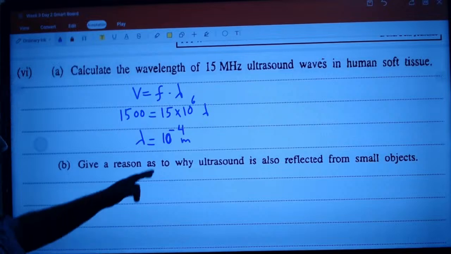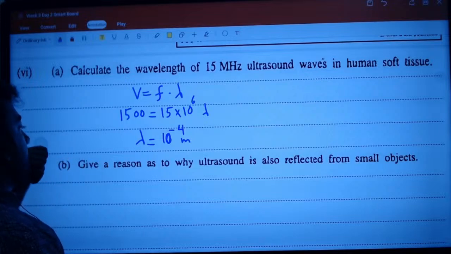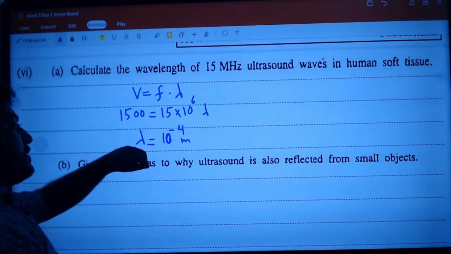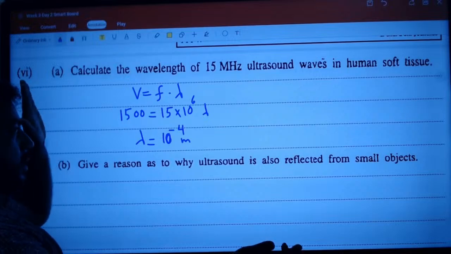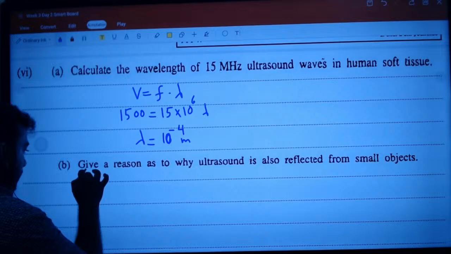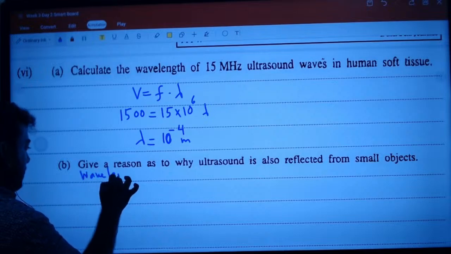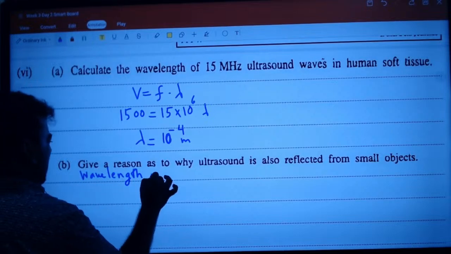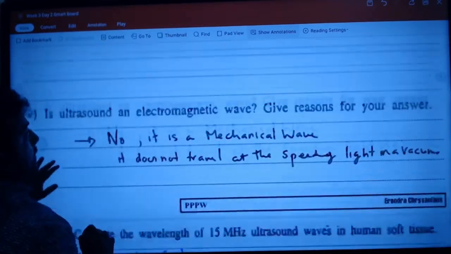So the wavelength here is almost the same as the size of the object. So once it's knocking on a barrier, wavelength, let's see if they are given that.